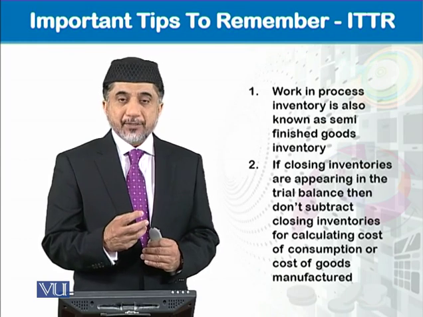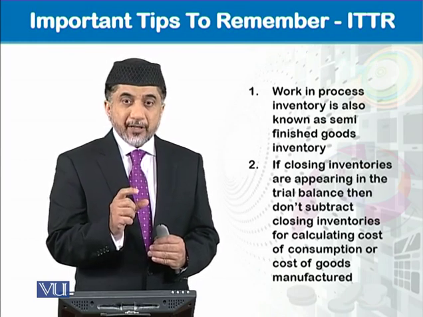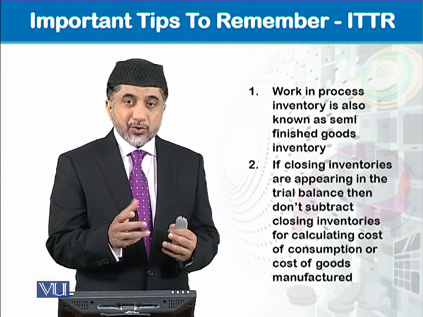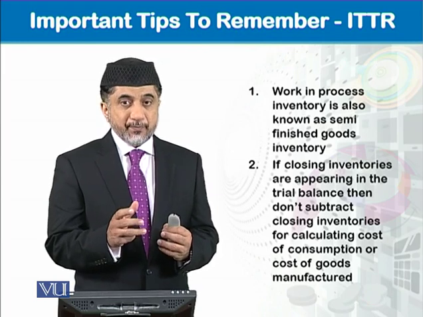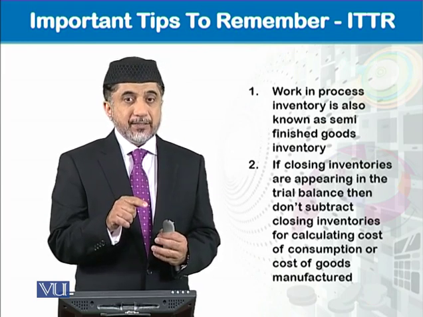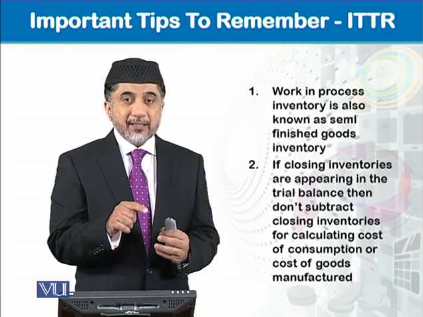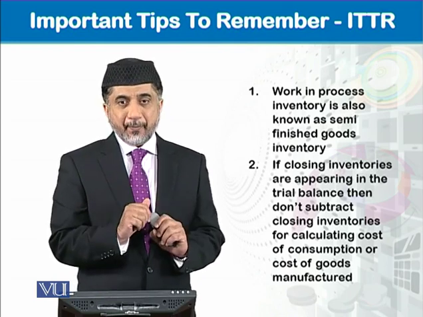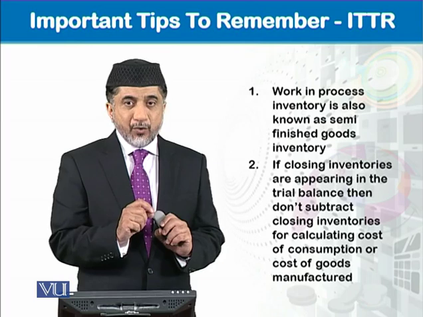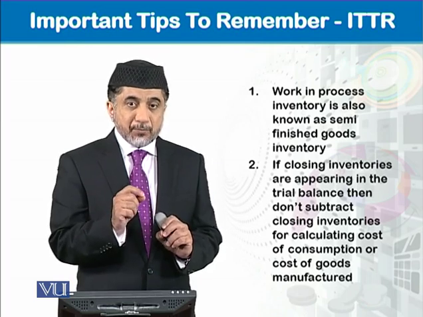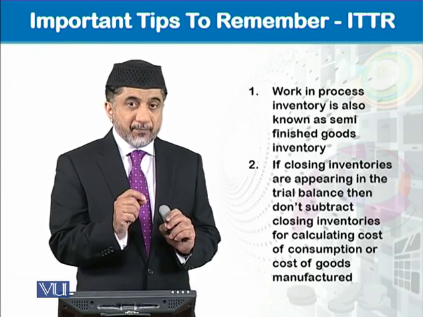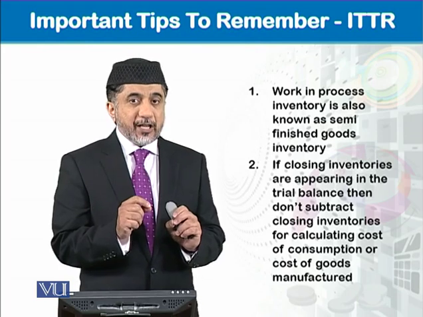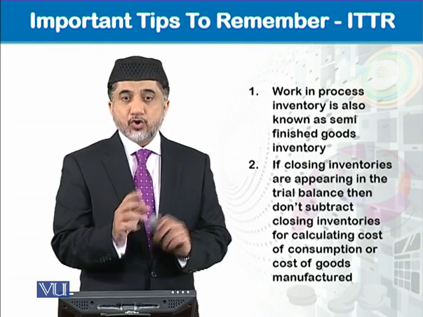If in an examination question, closing inventory of raw material or closing inventory of work in process or closing inventory of finished goods is given inside the trial balance, it means that its adjustment with the relevant cost has been done. Okay, and now we don't need to subtract this closing inventory once again in its relevant cost. This is the information that will be placed in current assets only.